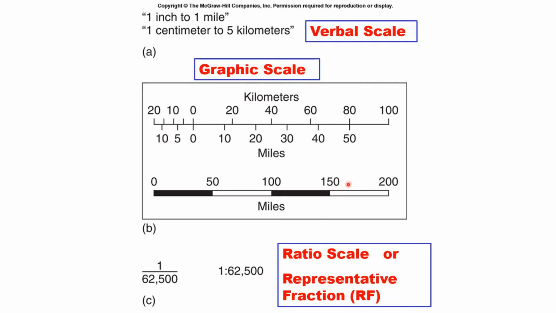With the graphic scale, it enlarges and reduces right along with the rest of the map. The verbal scale is sometimes just a verbalization of the RF, where somewhere down in the corner of the map it may say something like 1 inch equals 1 mile, or 1 centimeter is equal to 5 kilometers. It's a verbalization of the RF.